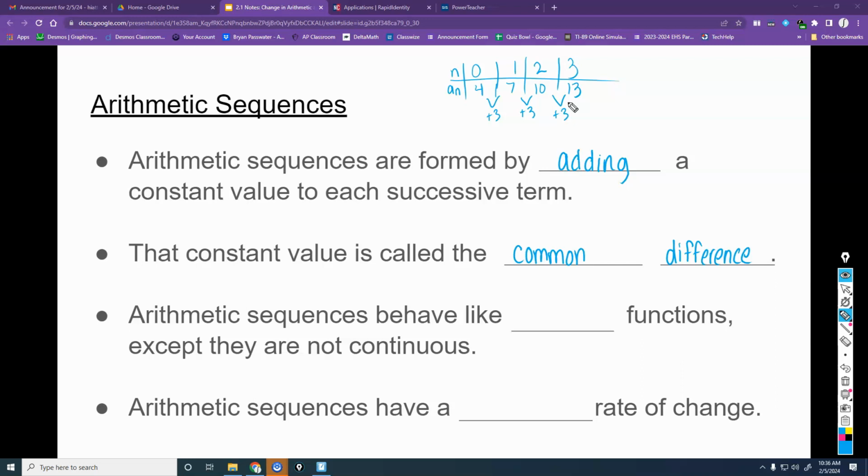Arithmetic sequences have a constant rate of change. They're going to behave like linear functions, except they're not continuous. Rather than being a line, it's going to be a bunch of points that are in a line, right? But they're going to behave like linear functions. Arithmetic sequences have a constant rate of change.